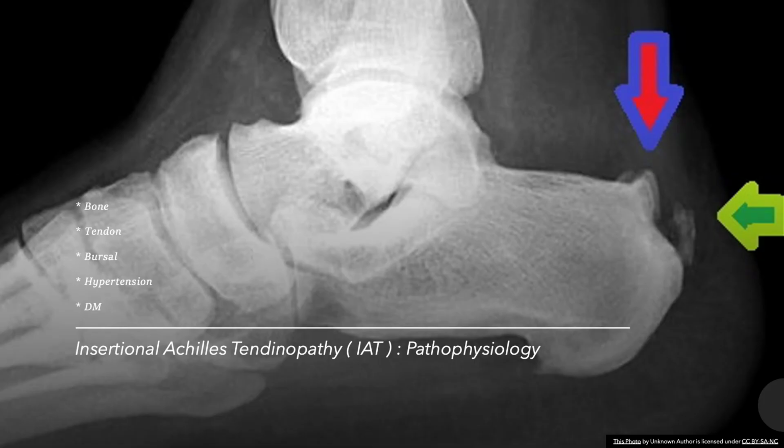This is a condition that involves bone, tendon, and bursal tissue. The bone portion of the condition resides in the painful prominent posterior osteophyte, as well as within the so-called Haglund's deformity or bursal projection of the heel, which is pictured here.